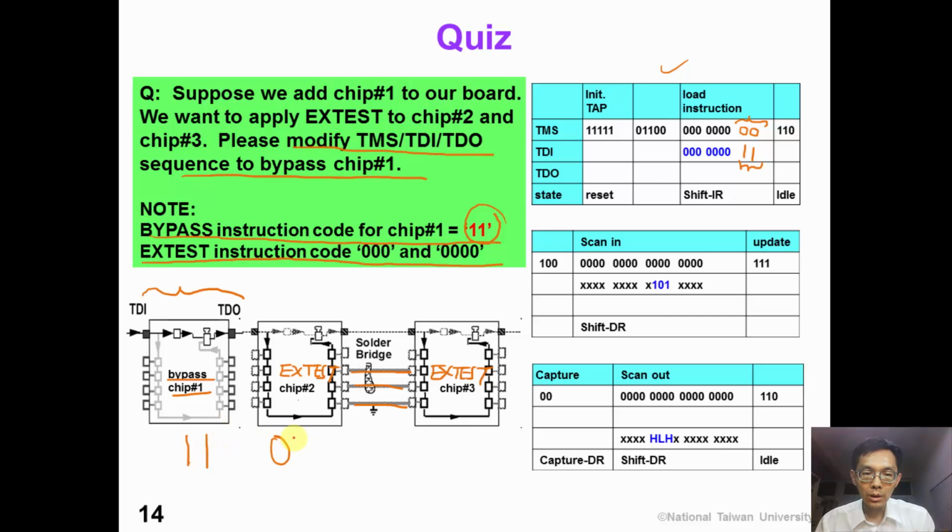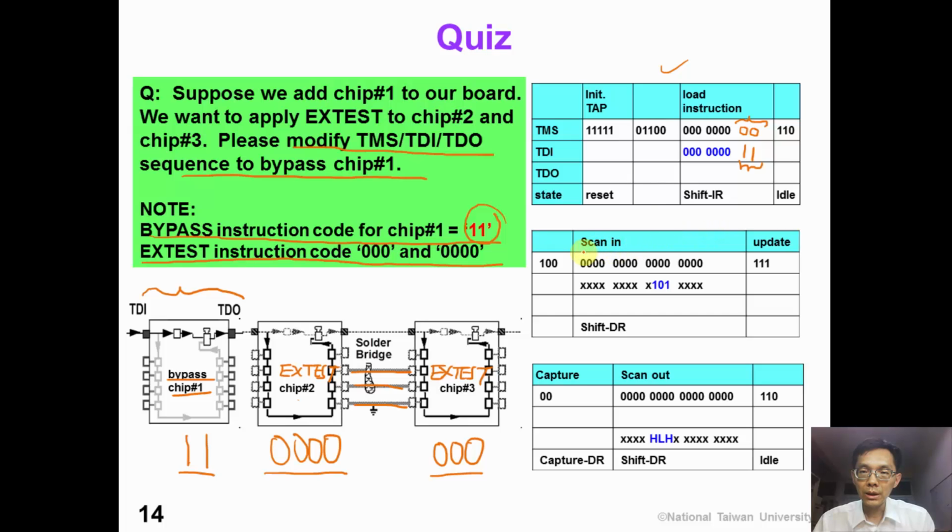That means in the instruction register, we now have 11 for chip number 1, 0000 for chip number 2, and 000 for chip number 3. The other bits remain the same.